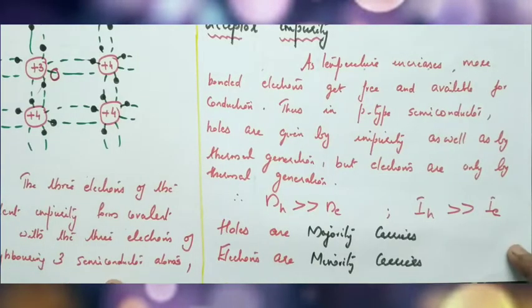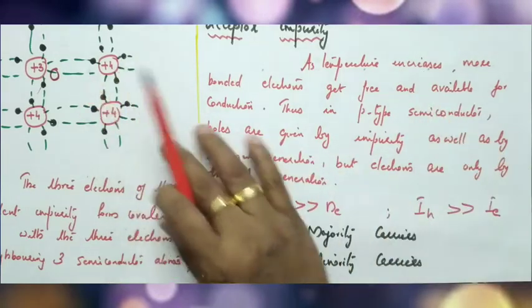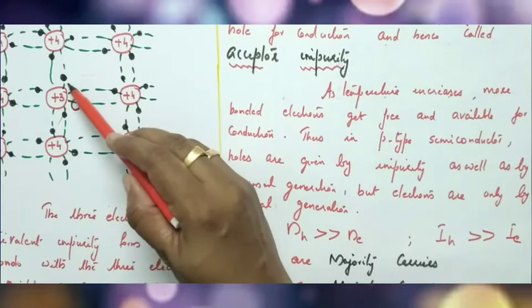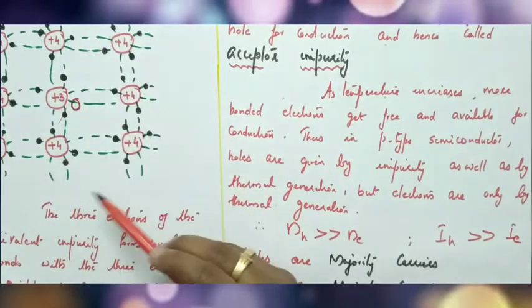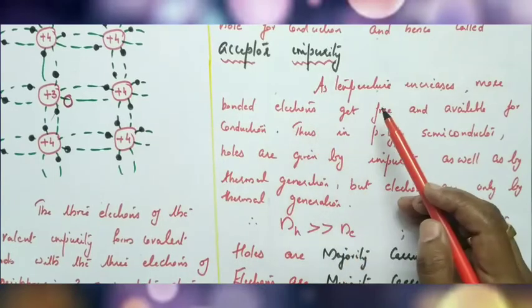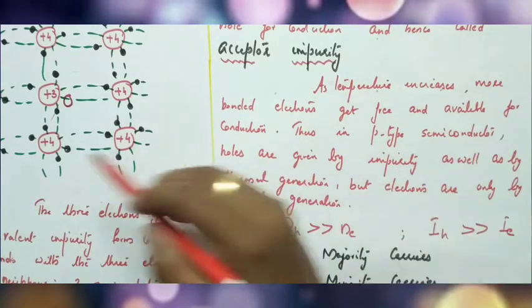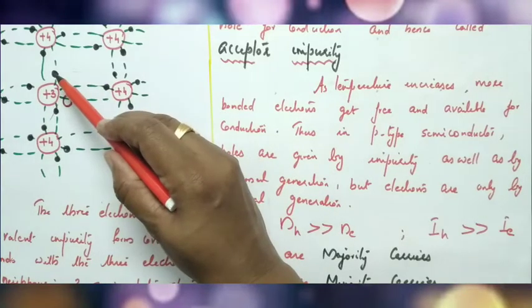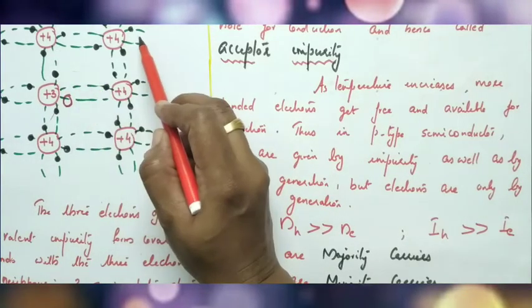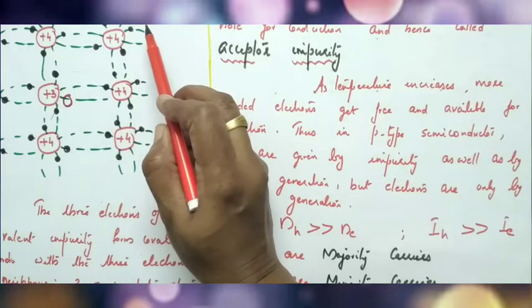Now what happens if the temperature increases? As temperature increases, the bonded electrons get free. For example, this bond breaks and 1 electron gets free. So as temperature increases, more bonded electrons get free and they are also available for conduction. If this bond breaks and 1 electron gets free, there is 1 electron for conduction.